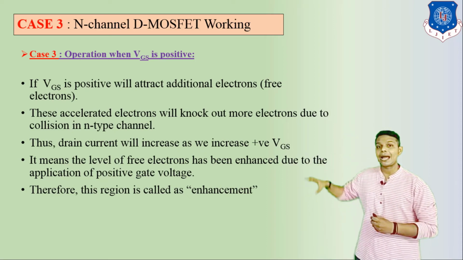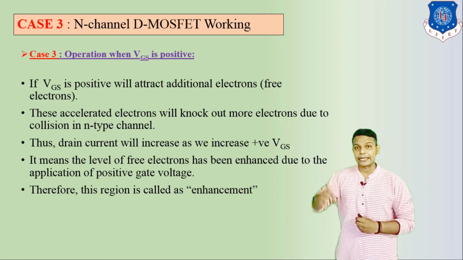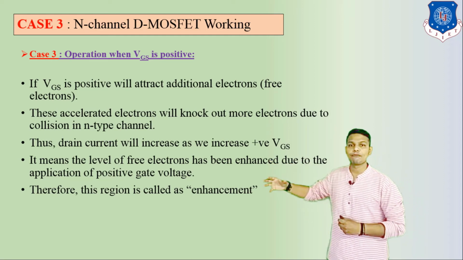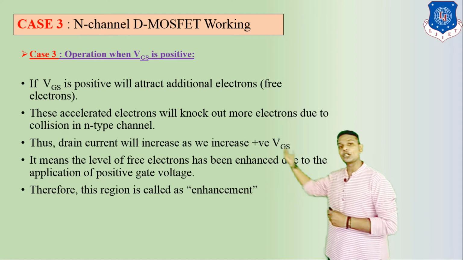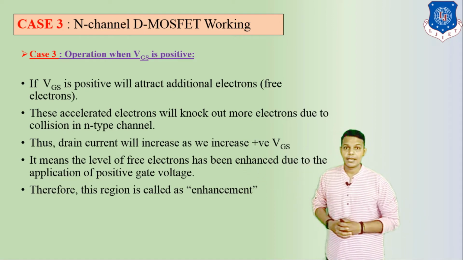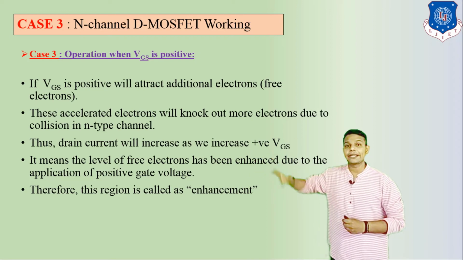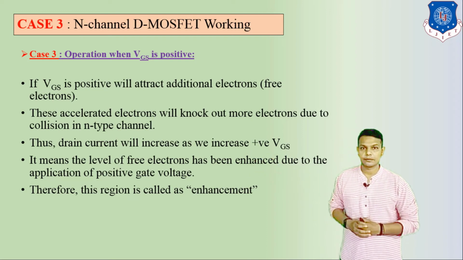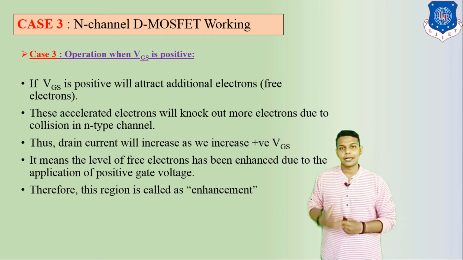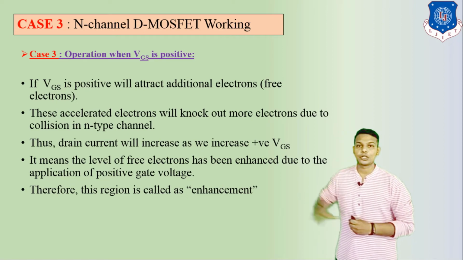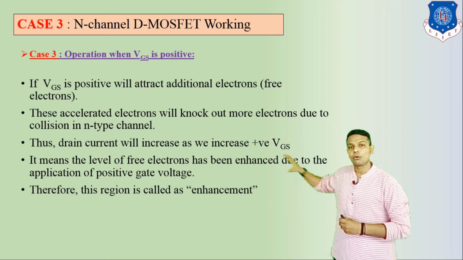If we apply a positive terminal and increase it gradually, in the N channel a number of majority carriers are attracted towards the positive terminal. Also in the P channel the majority carrier charges are holes and the minority carrier charges are electrons. Those minority carriers are also attracted towards the positive polarity.